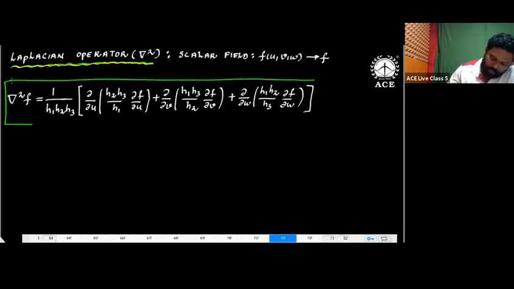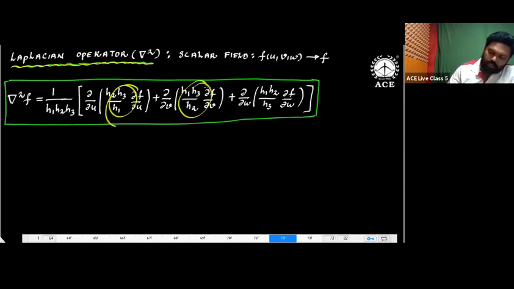This is a standard form. It is a second order operator.